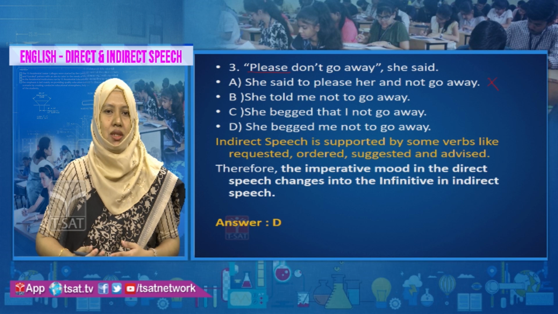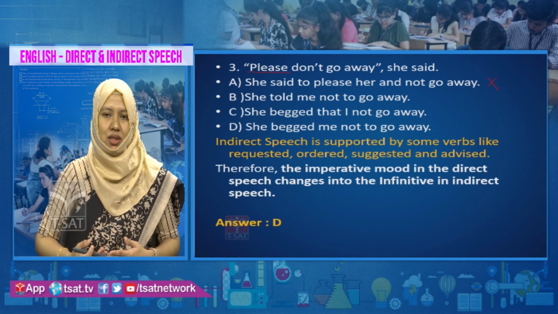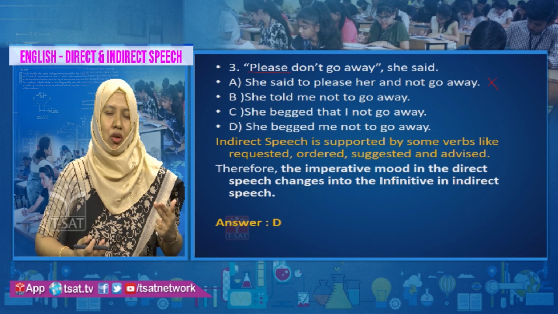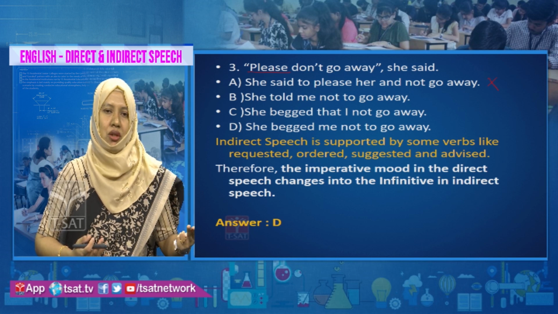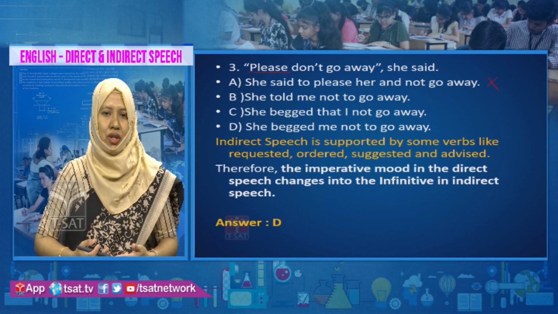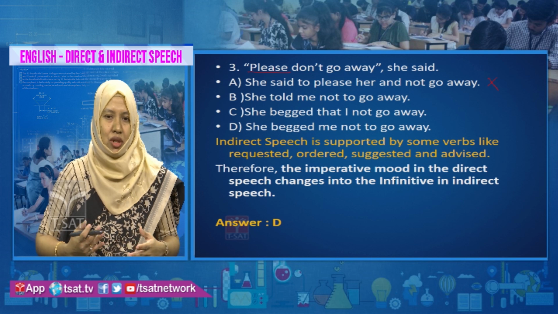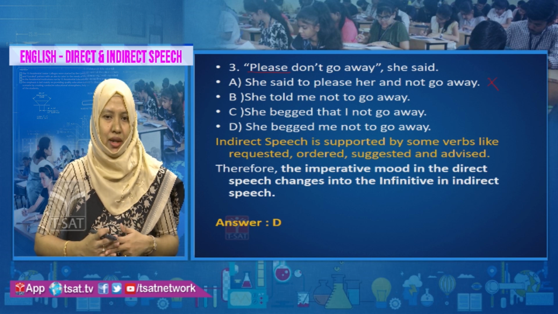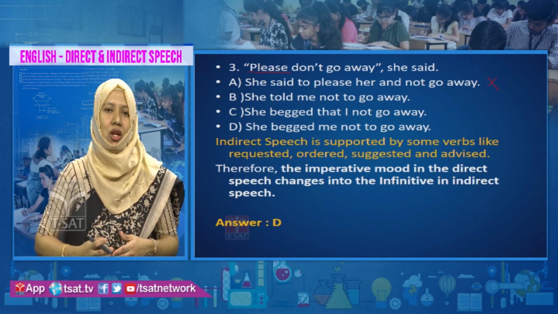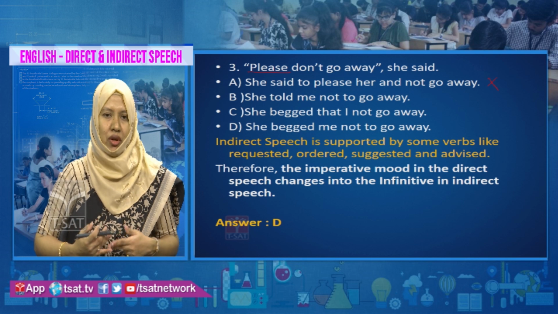You can change the verbs if there is a request or ordered or suggested or advised, depending on what word is used in direct speech. If it is please, you can use requested. If it is ordered, you can use command. So, depending on the imperative sentence, what kind of a mood it is, you can change the verb.